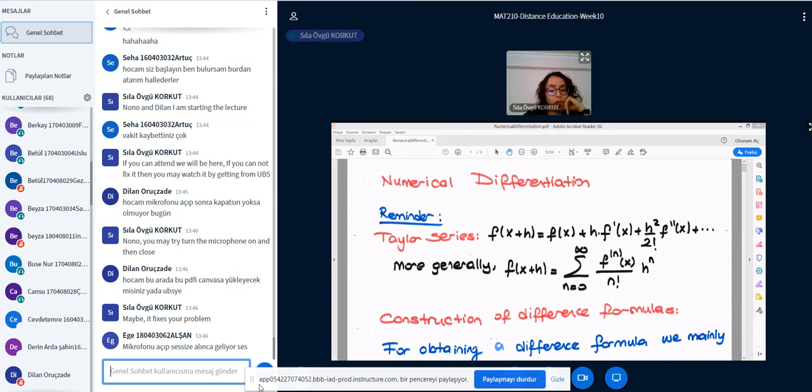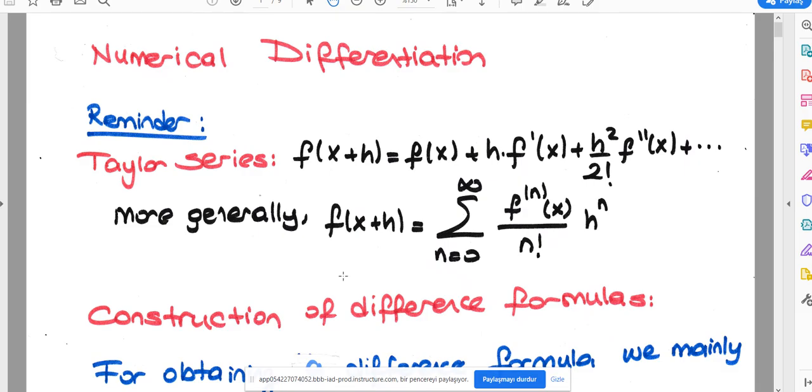Okay, everyone. The main important thing I wish to say is that we are just using baby steps to go toward solving the numerical solution of differential equations. This is our purpose.